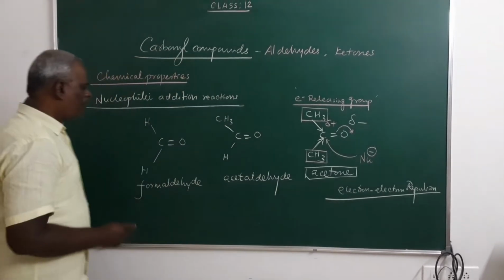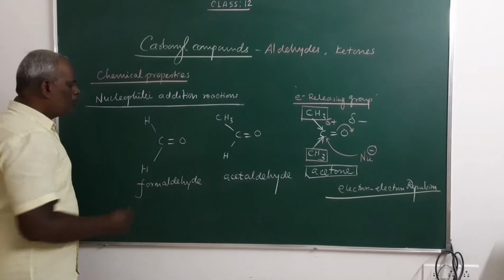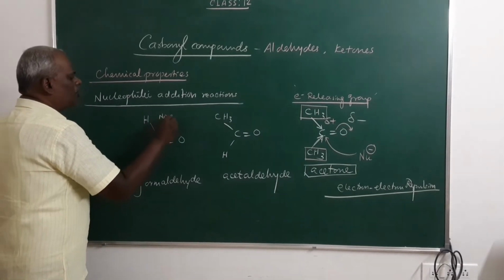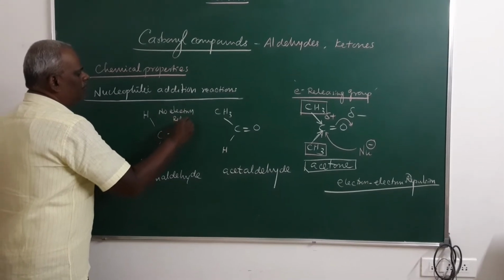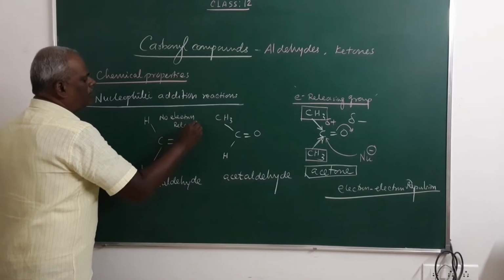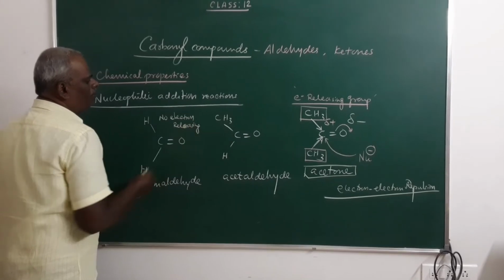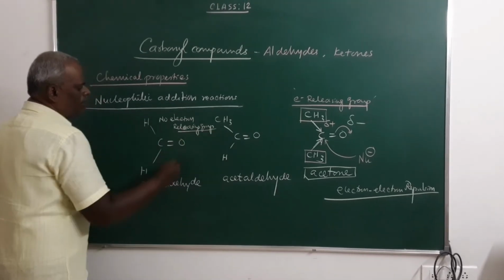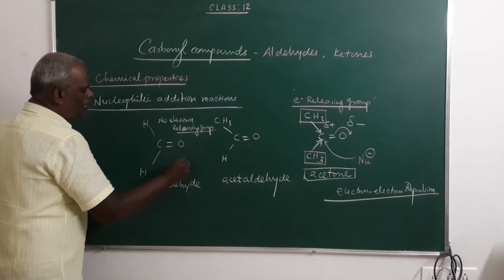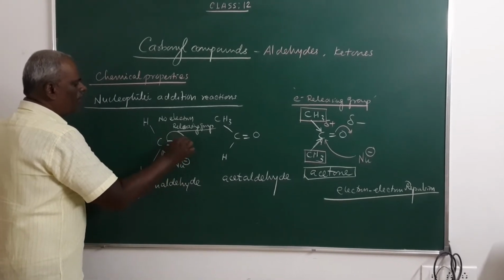But see the formaldehyde, in which there is no such electron releasing group. So no inductive effect is operating here, so the nucleophile can readily attack this carbon, and the nearby bond can be broken down.